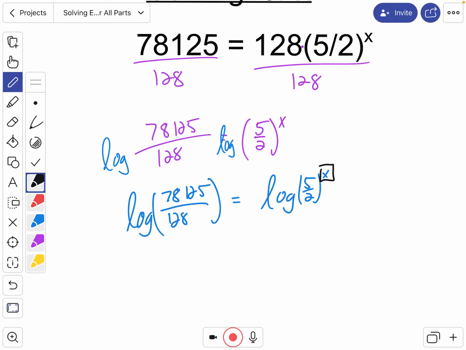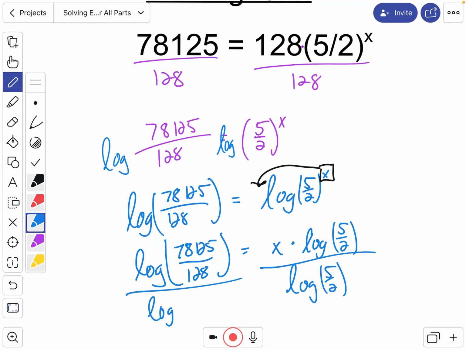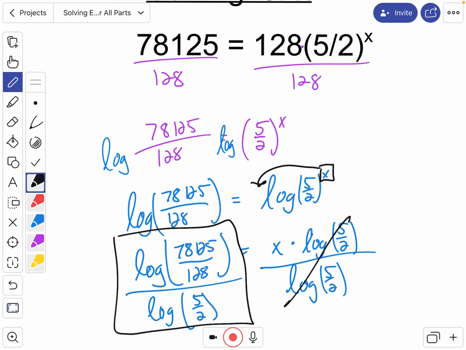And then we take this exponent, we pull it out in front, and we have log of 78125 over 128 equals x times log of 5 over 2. And then I divide by log of 5 halves on both sides. So I've got to type all of this stuff in my calculator to give me x.